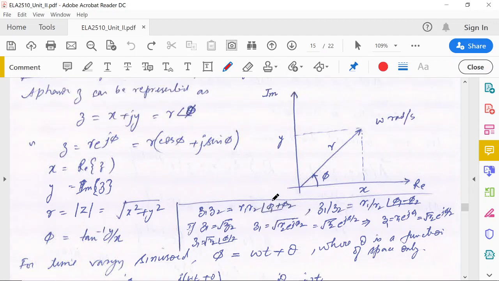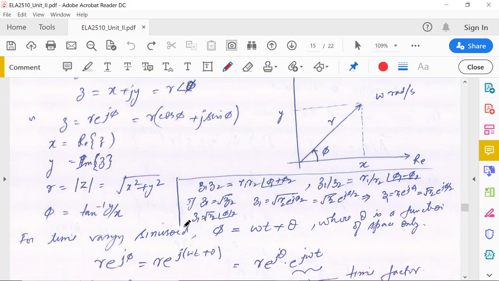Now here we have taken the complex sinusoid, where phi is some phase. We want to make this sinusoid vary with time because we have to deal with time varying signals. Here it is constant. Now put phi equals omega t plus theta, where theta is a function of space only.